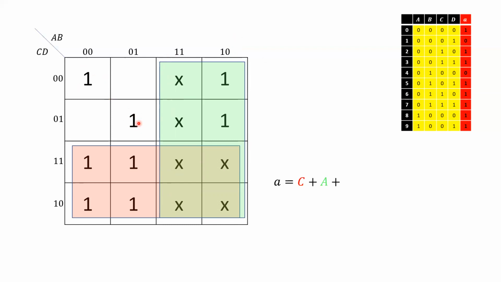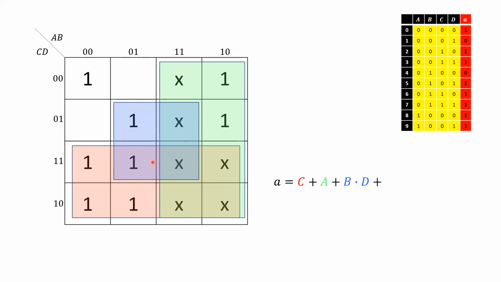I can see a square here, which is a kind of rectangle. This square represents the cells where B is true and D is true. You can check that for yourself: B is 1 for these cells, and also D is 1 for these cells.